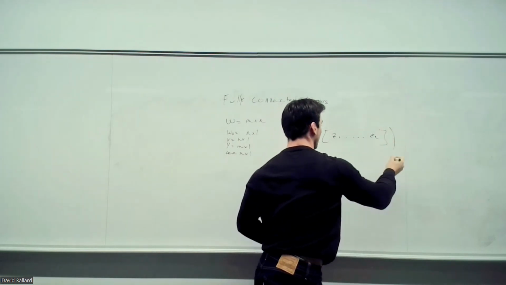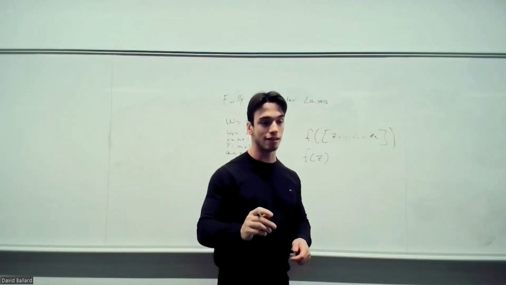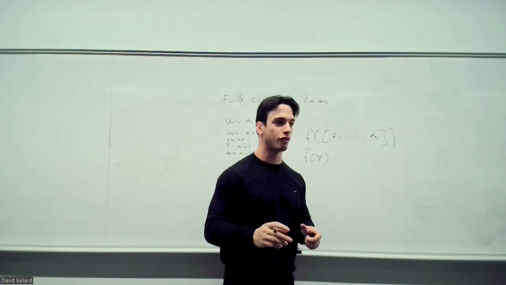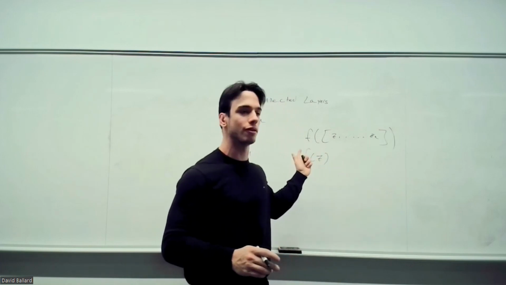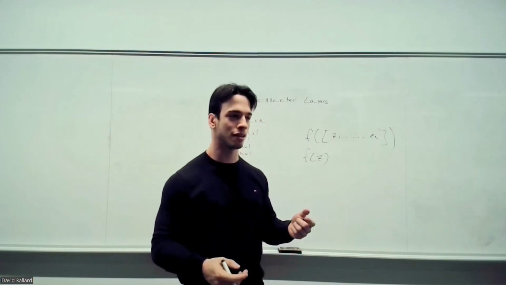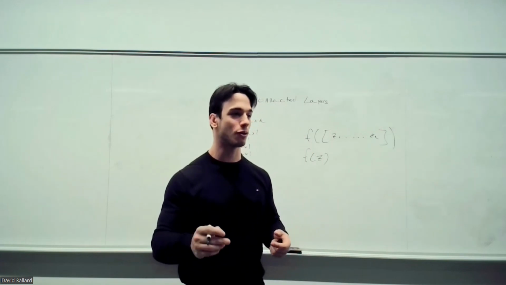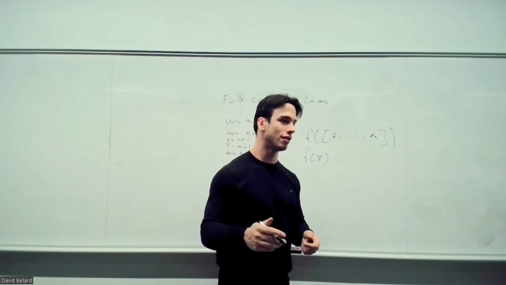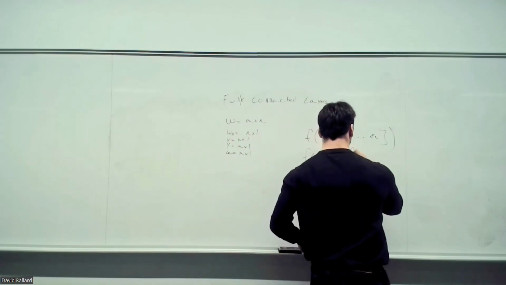F is going to take in our input z, and it's going to apply. If you remember from linear algebra, how can a function take a vector as an input? That's weird. How do we do that? We're going to apply f element-wise.